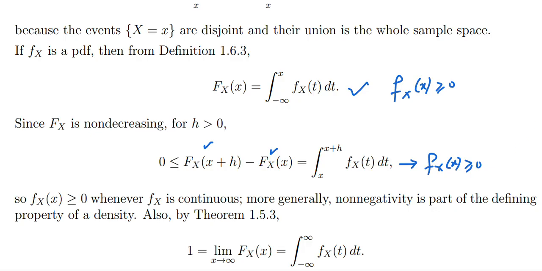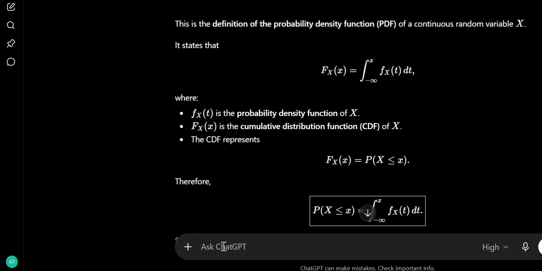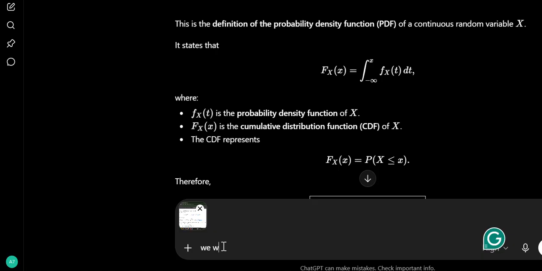Let us ask AI. We want to show that f_X(x) is greater or equal to zero when f_X is a PDF.